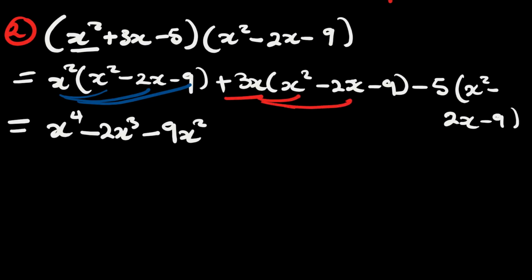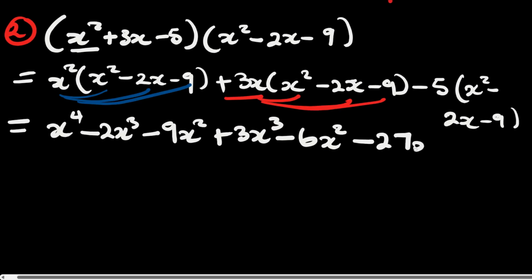So it's positive 3x multiply x squared, this is positive 3x to the power 3. The 3x multiply negative 2x is negative 6x squared, and now positive 3x multiply negative 9, and that is negative 27x.